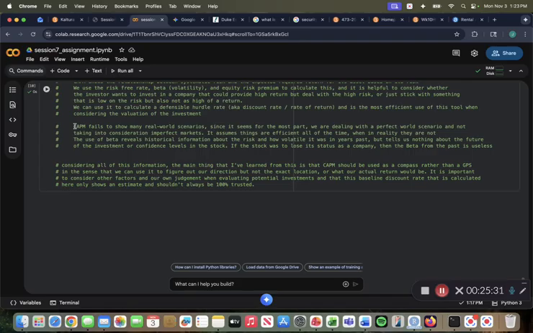And then just lastly, considering all this information, the main thing I was able to learn from this is that CAPM should be used as a compass to get the general direction of where we want to go with our investments, but not be used like a GPS to determine our exact location or what our actual return would be. It's important to consider other factors and our own judgment when evaluating potential investments, and that this baseline discount rate is only an estimate and shouldn't always be 100% trusted.